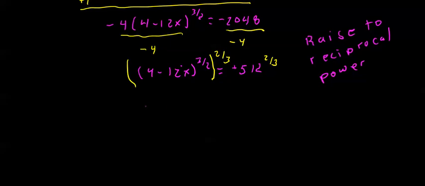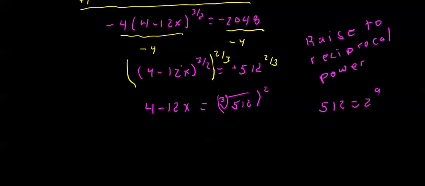So I have 4 minus 12x equals the cube root of 512, squared. Now 512 is going to show up quite a bit. 512 equals 2 to the 9th power.